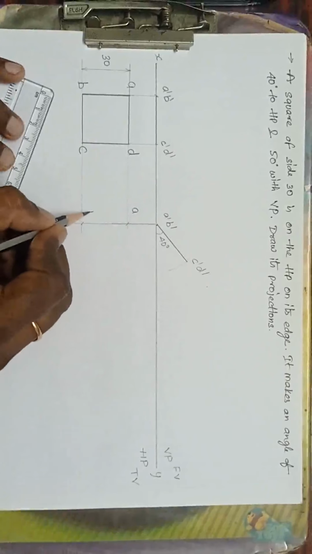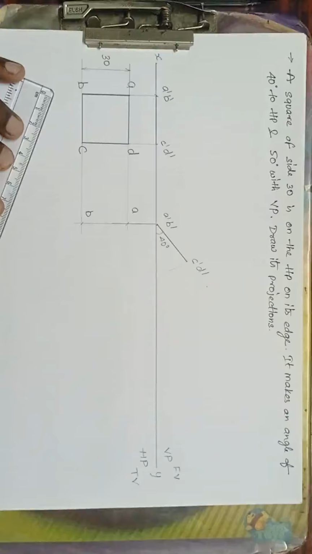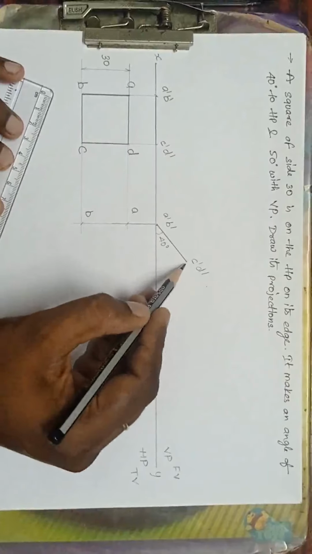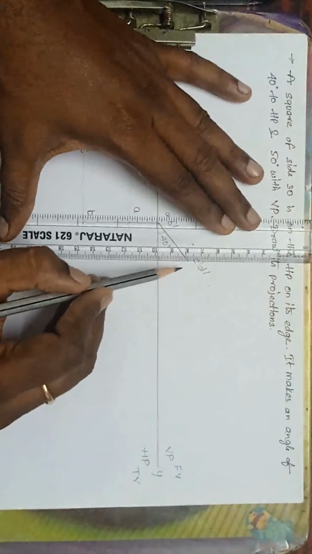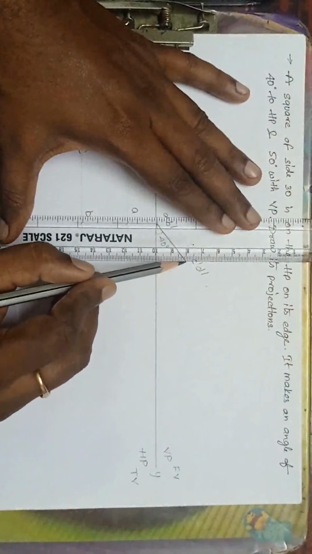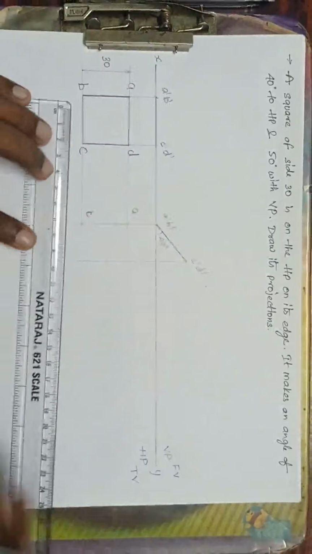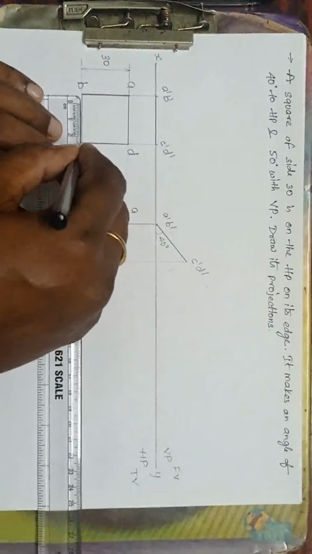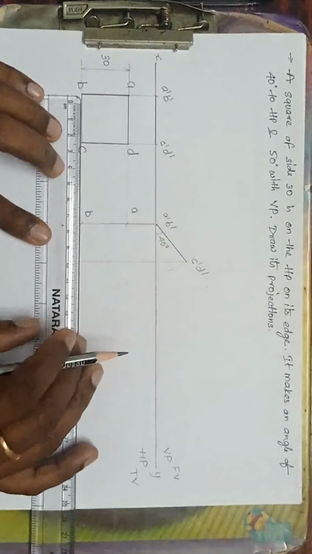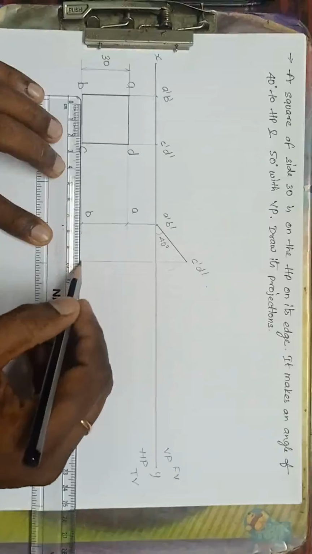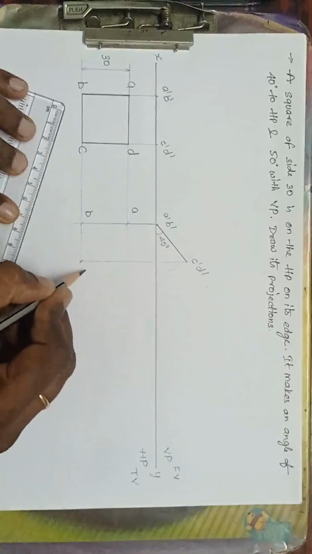Now this is point B. Done. Now C to C, what to do? From C dash drop the perpendicular line, and from this C drop the horizontal line. Okay, we have got this C.